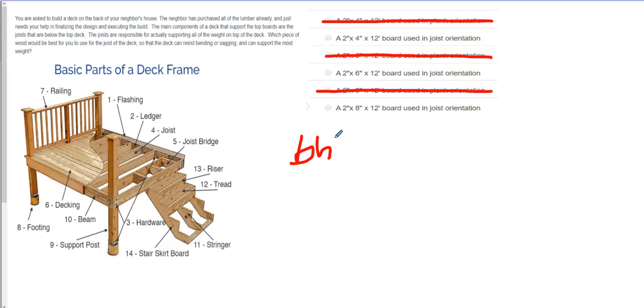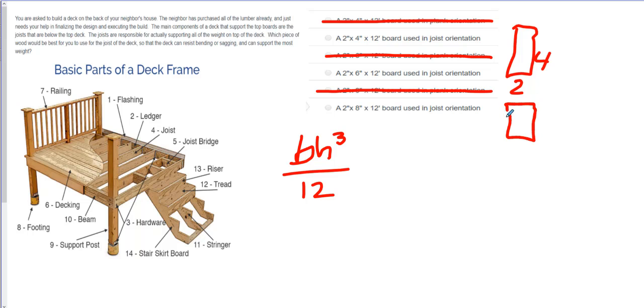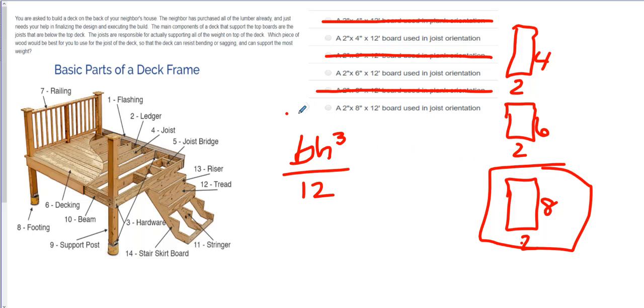Remember, moment of inertia is base times height cubed divided by 12. The first one is 2 by 4, the second is 2 by 6, and the last option is 2 by 8. So 8 cubed times 2 divided by 12 is going to be the highest moment of inertia, so this would have been your correct answer.